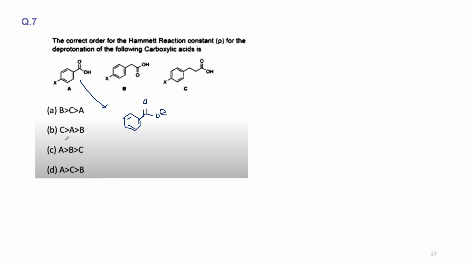Now the effect of the substituent is dependent on the distance. As you know, if someone is far from you, that person can't pull you as much as someone who is closer to you. So this effect is dependent on the distance. The reaction is totally based on the stability of this anion.